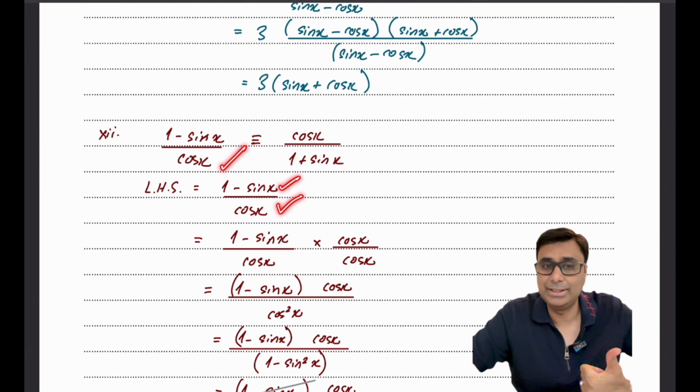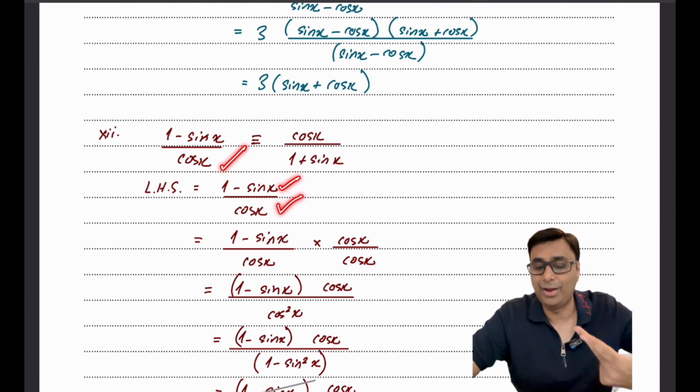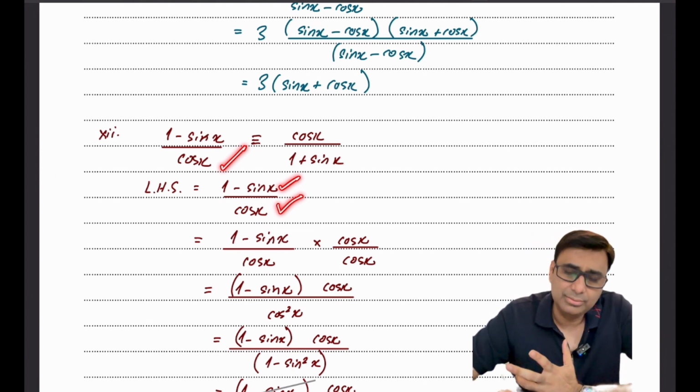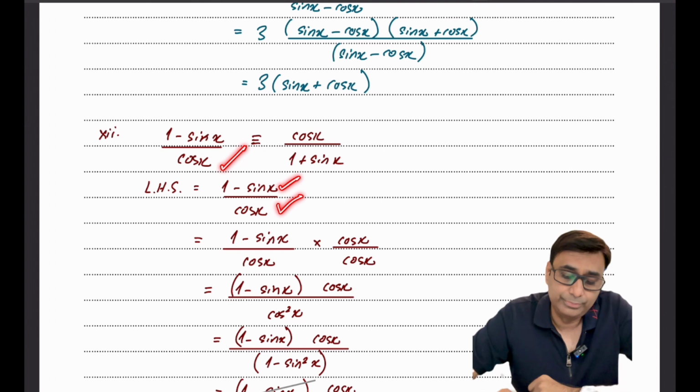I can't take LCM, I can't take common, I can't factorize. So I can't really see any possible way of simplifying it further to bring it into that particular form.